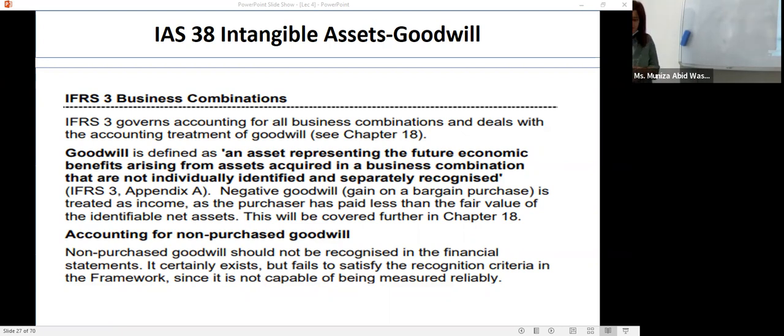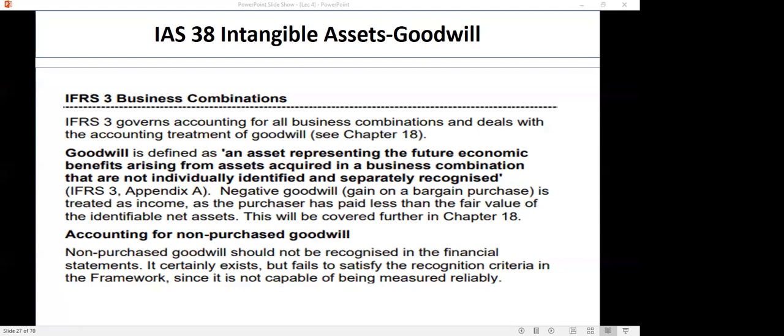Yes, online students. Anyone? Yes, Shriva? Do you remember? Yes, Samreen, do you remember? No one remembers? Student: I think what the parent company paid minus the net assets of the subsidiary.